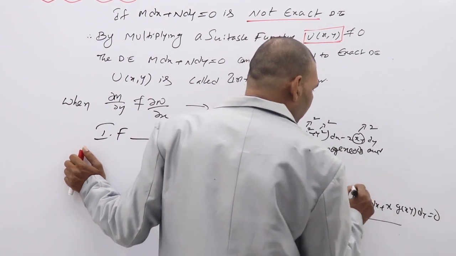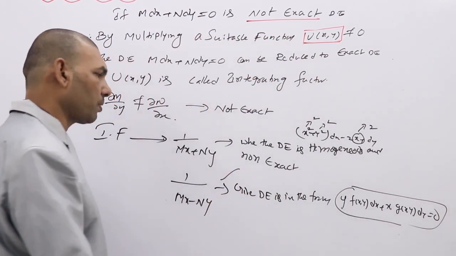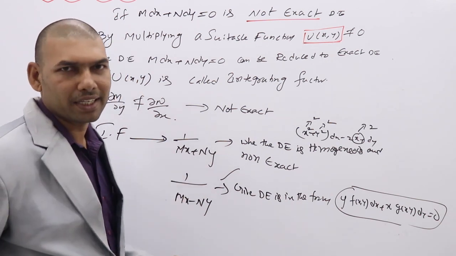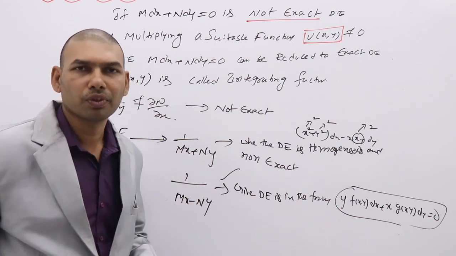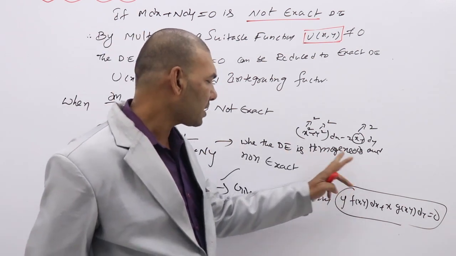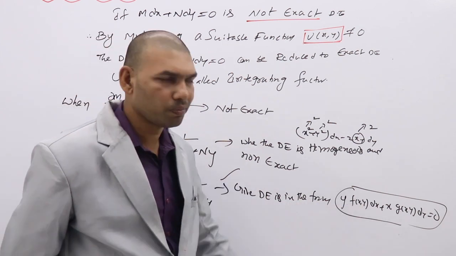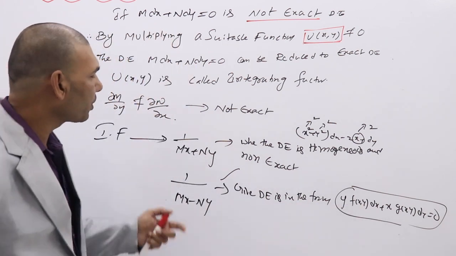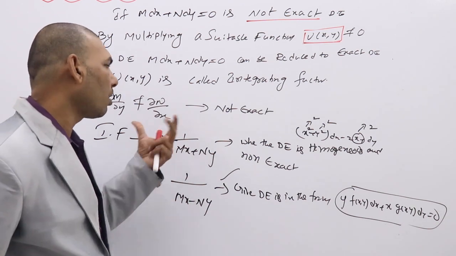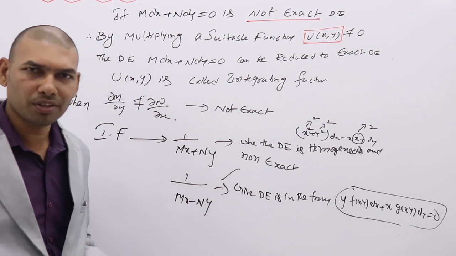If you have this form, we go for this one. Like this, we have so many integrating factors, few we are discussing now. So this one is when the DE is homogeneous, this one is when the DE is in this form. Like this, we are going to discuss 3 to 4 integrating factors.